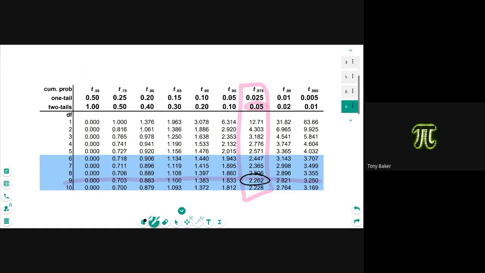Because I want a 0.05 in the two tails and with 9 degrees of freedom. So unlike the Z table where all the numbers in the middle were the probabilities, these are basically all your Z values. They're giving you the value of that piece. Okay. That's the main difference between these two tables. So the T table is never going to give you a probability at that point. It's going to give you a number, and then we're going to do something with that.